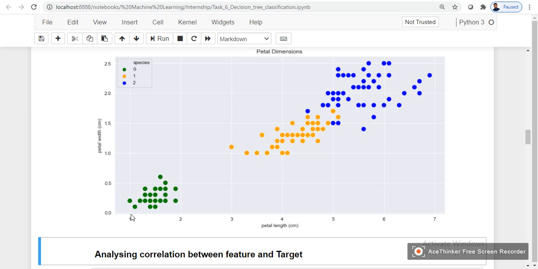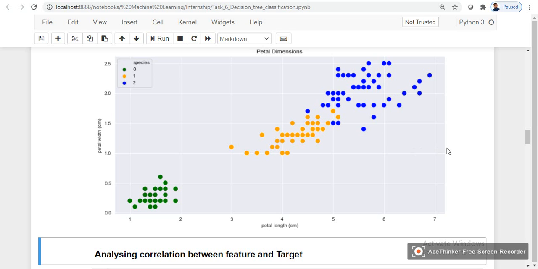The petal length of class 0 ranges from 1 centimeter to 2 centimeters, and the petal width ranges from 0.0 to 0.5. Whereas for class 1, the petal length ranges from 3 to 5, and the petal width from 1 to 1.8 or so. And for class 2, the petal length ranges from 5 to 7, and the petal width from 1.5 to 2.5.